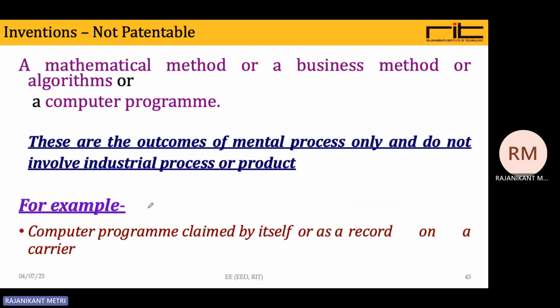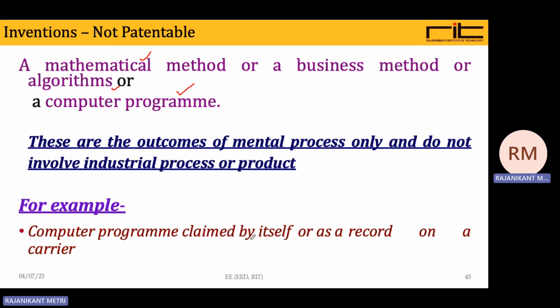So if you have a business method or model, or you have written some algorithm to solve some problem, or you have developed some program, those things cannot be patented. These things can be put under copyright.